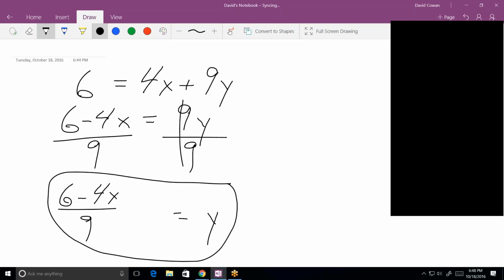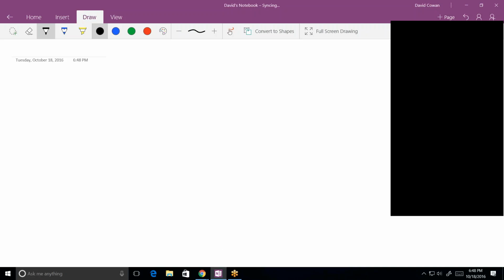Okay? What else you got? Good practice, these, for you. Really good practice. I don't know what that absolute value one was doing in there. That's like a problem for Algebra 3. Really is.